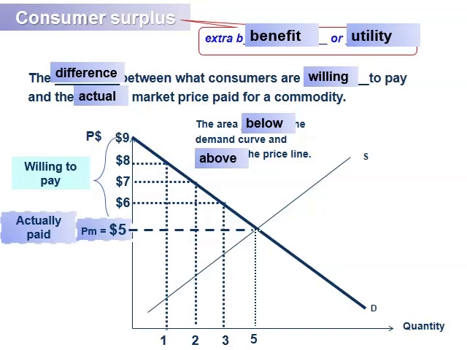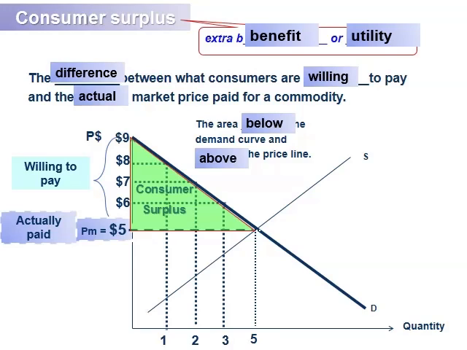He was willing to pay $8 for the first unit and $7 for the second and $6 for the third, but he's actually getting these units at a lower price than he was willing to pay because the market price is $5. Therefore, we say this triangle represents an extra benefit or utility, which we call consumer surplus.